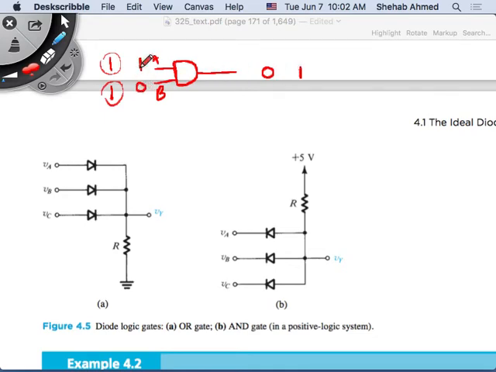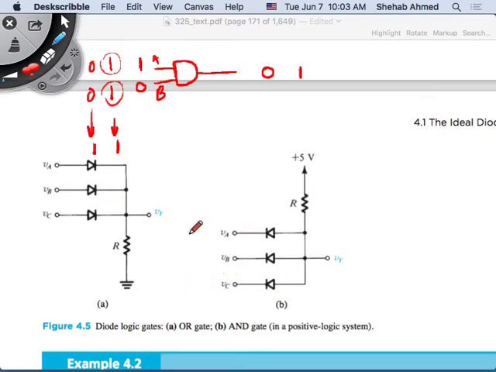If they're not the same, then you get something different. If 0 and 0, you still get 0. 1 and 1, you get 1. So both inputs have to be 1, otherwise you get a 0. So that's an AND. Let's look at this AND using diodes.